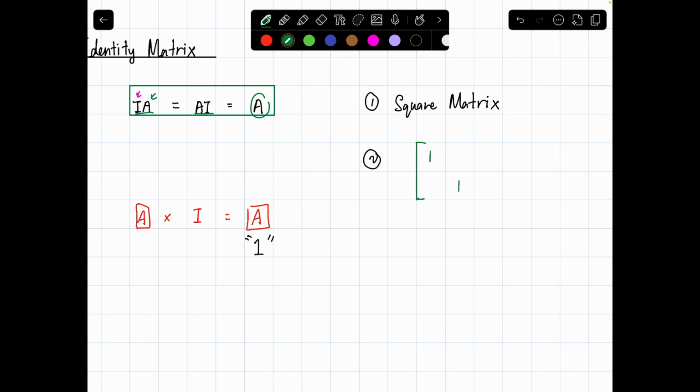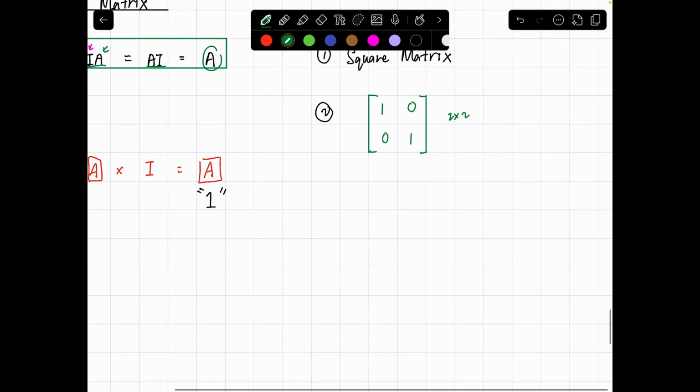One, 0, 0. This is how it looks when it is 2 times 2. Let me show you how it looks like when it's 3 times 3.